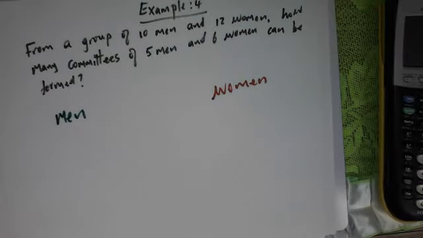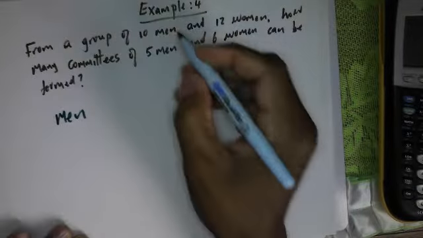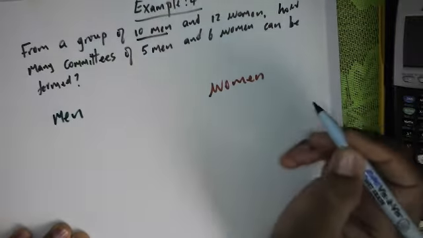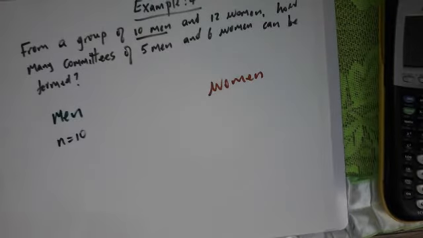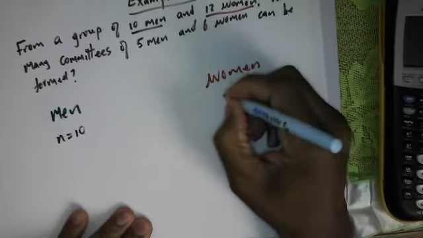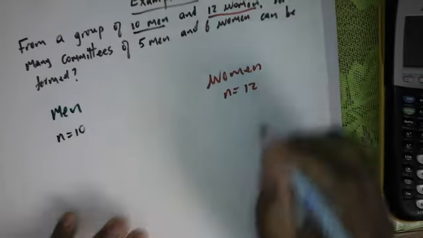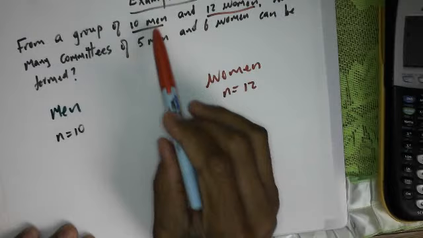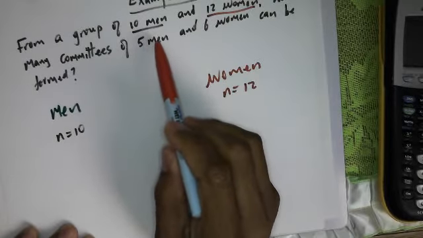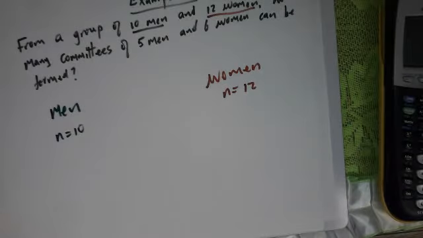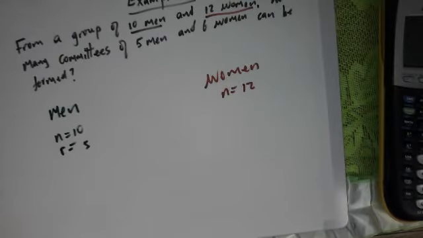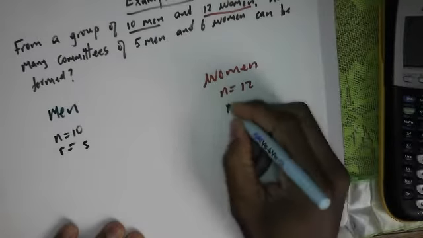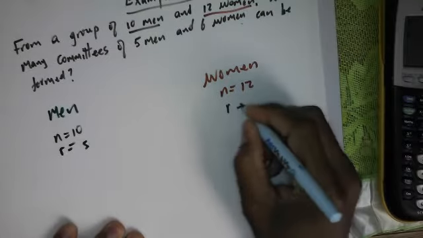The total number of men is 10, so n in this case is 10 for men. For the women, the total number is 12, so n for women is 12. Of the 10 men, they want 5 on the committee, so my r is 5. For the women, my r is 6.